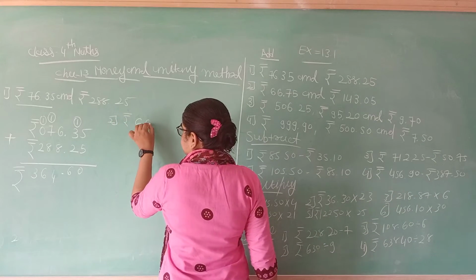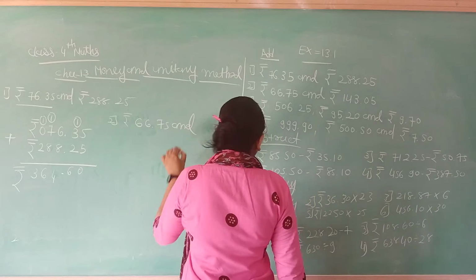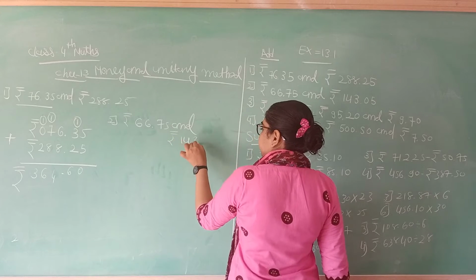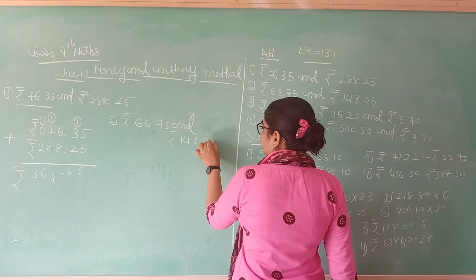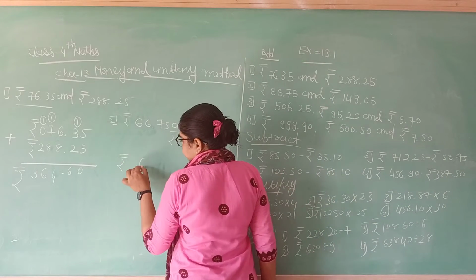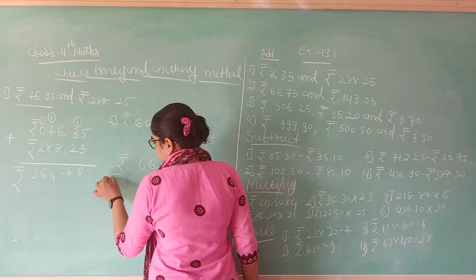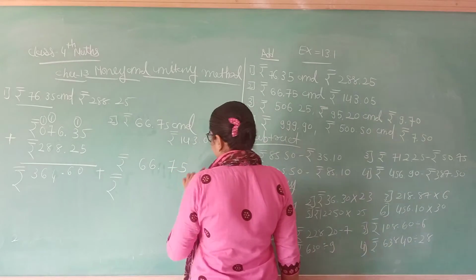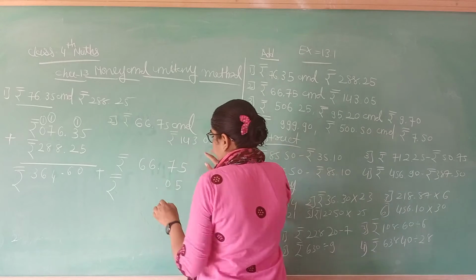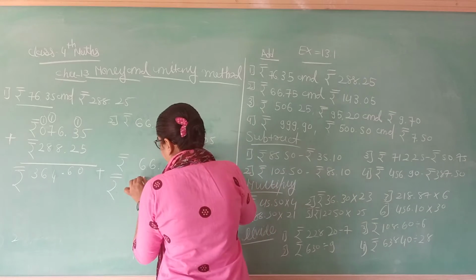Okay, then our second sum: rupees 66.75 and rupees 143.05. First write down 66.75. Then after, arrange the second number 5, then 0, put here the decimal point, then 3, 4.